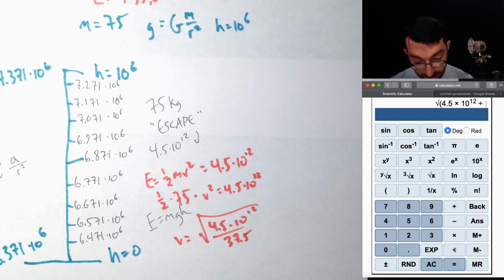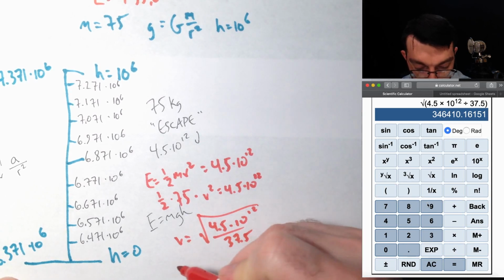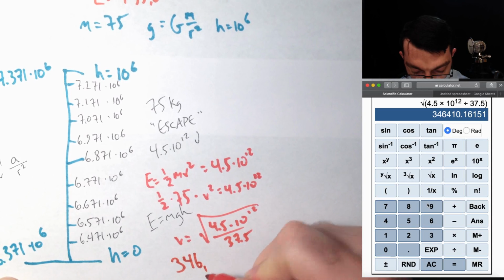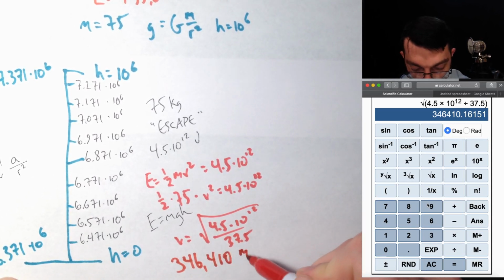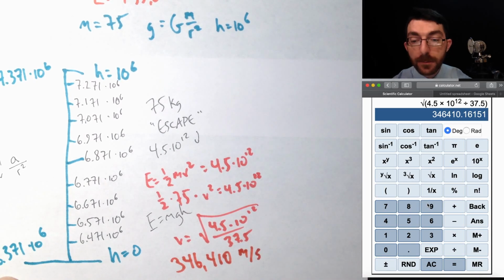Divided by 37.5. Wow. 346,410 meters per second.